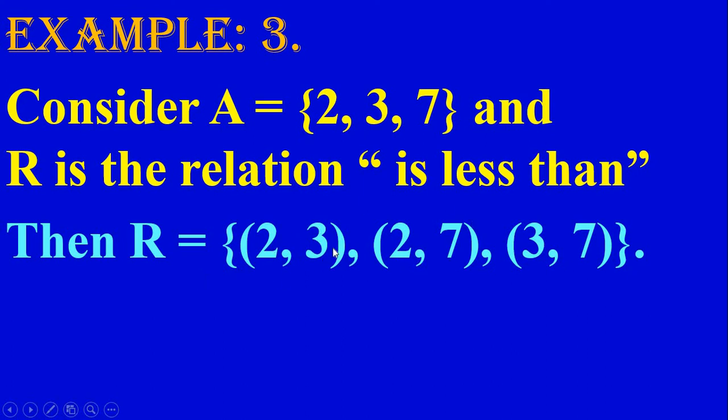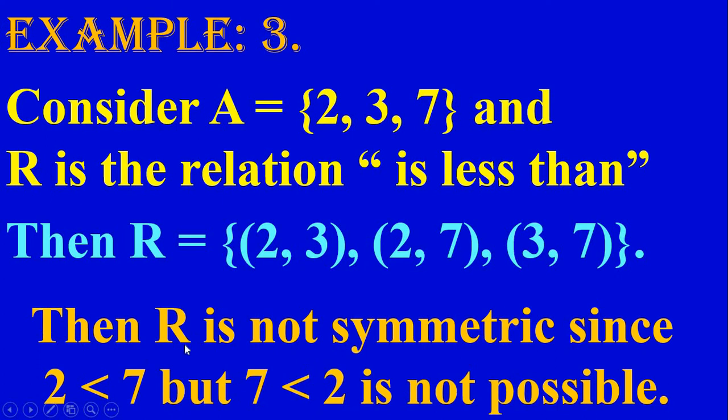So 2 is less than 3 but 3 less than 2 is not possible. Same type, (2, 7) is there but (7, 2) is not there, and same for (3, 7). Therefore this relation is not symmetric, since 2 less than 7 but 7 less than 2 is not possible.